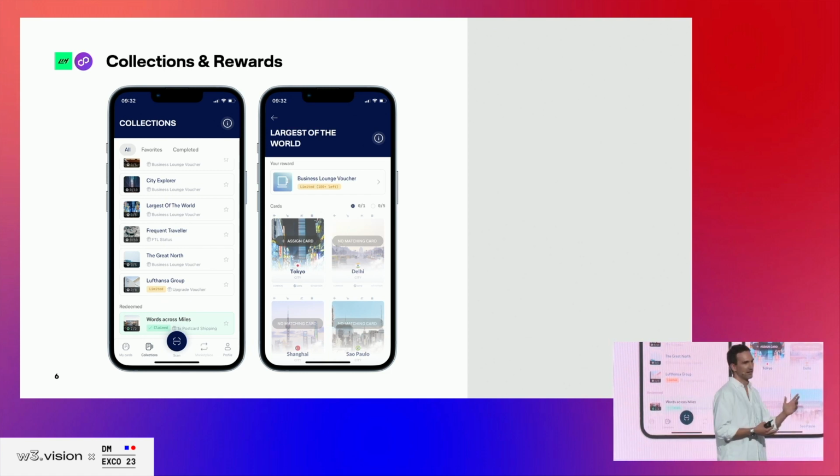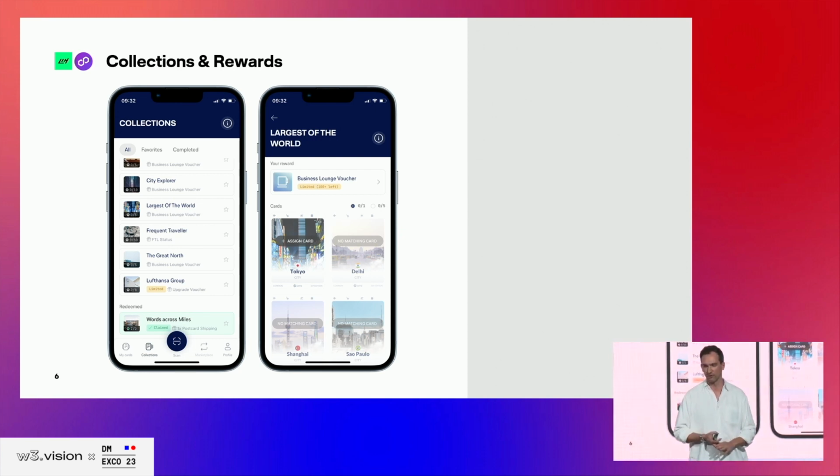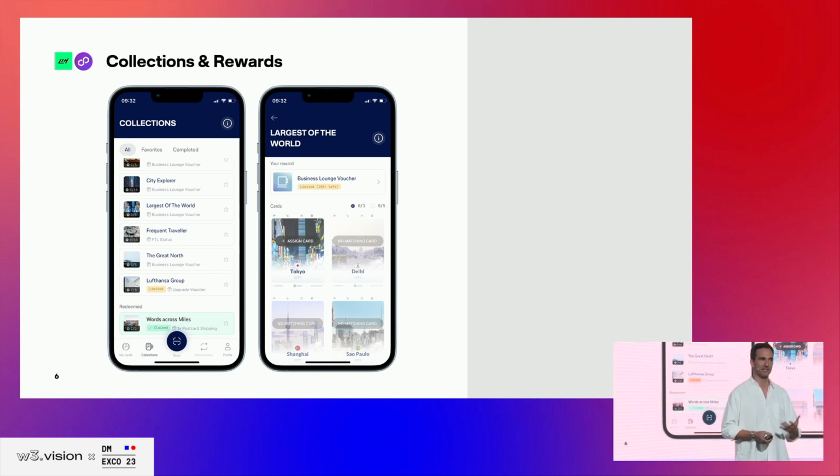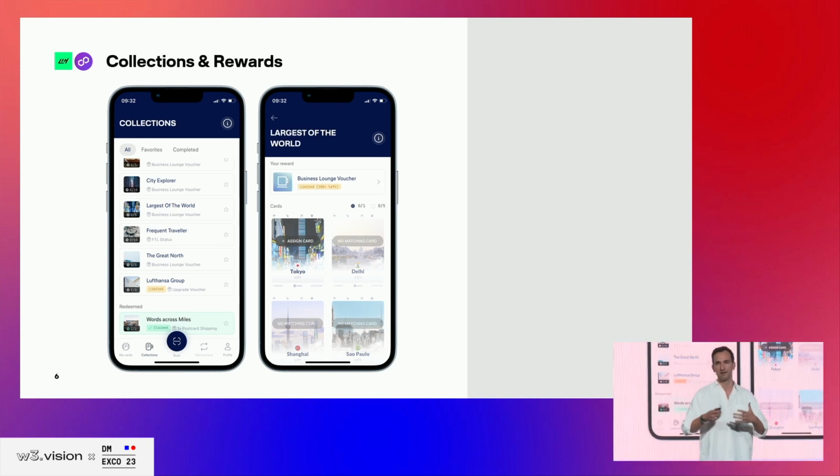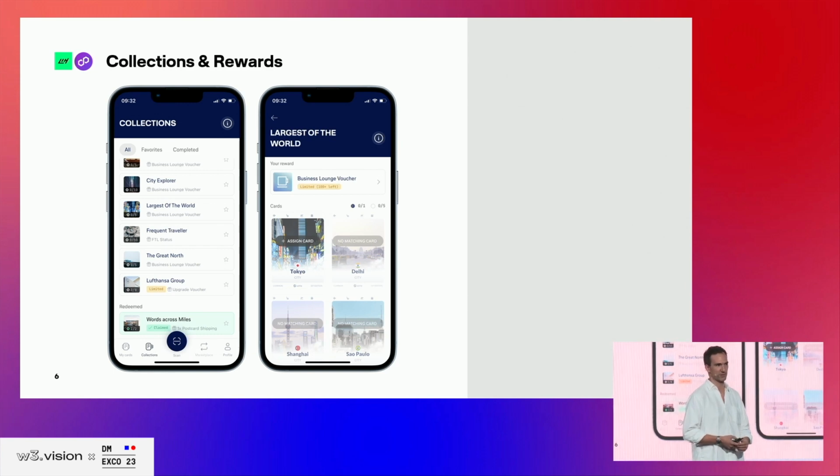Here you see the 5 largest cities of the world. You need Tokyo, Delhi, Shanghai, Sao Paulo, and Mexico City, for example. And once you added all those cards and completed the collection, you can hand it in and redeem it for a reward that you can use on your next trip.